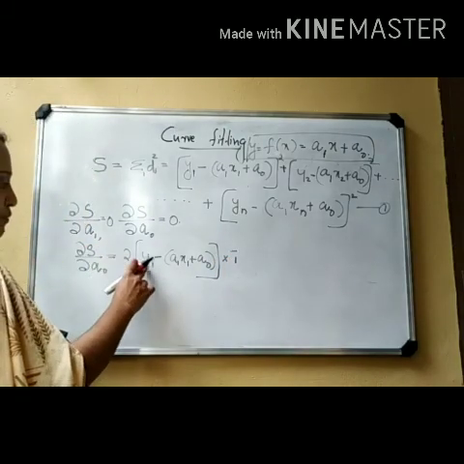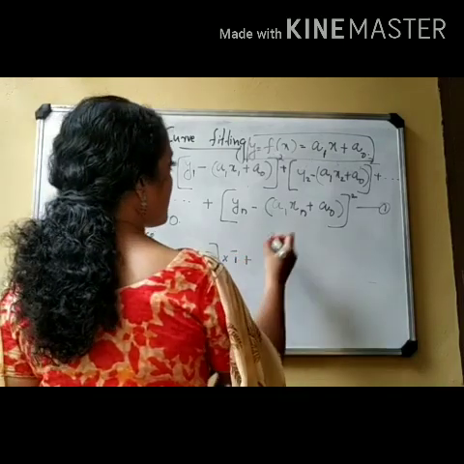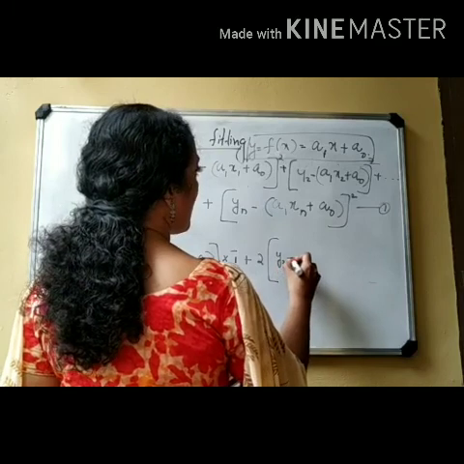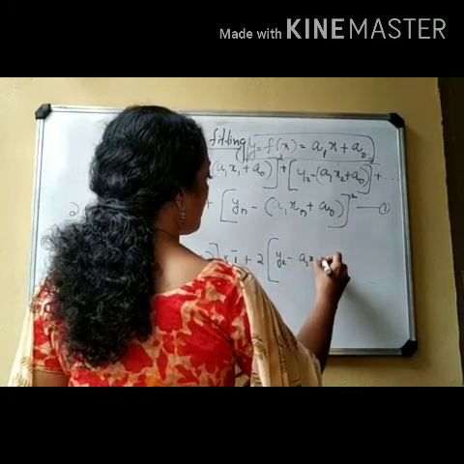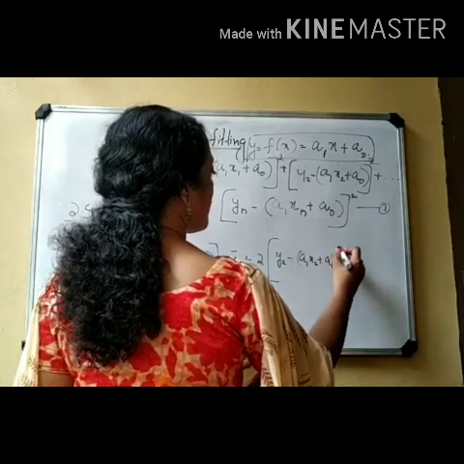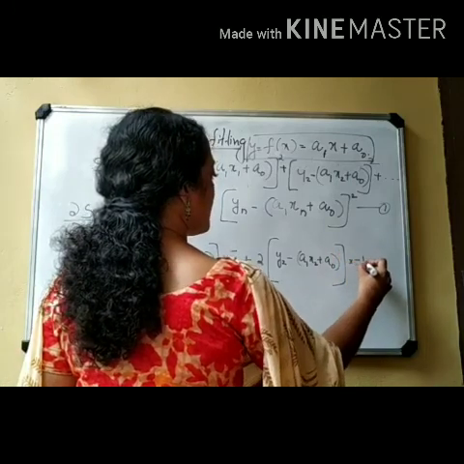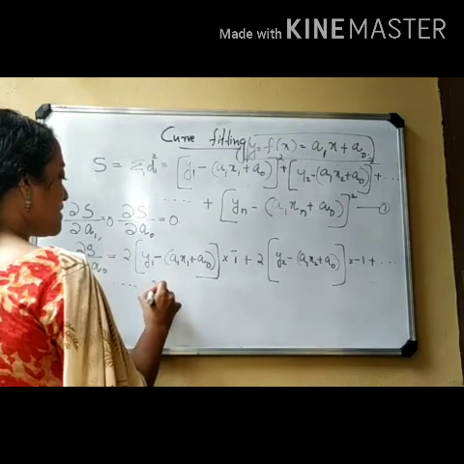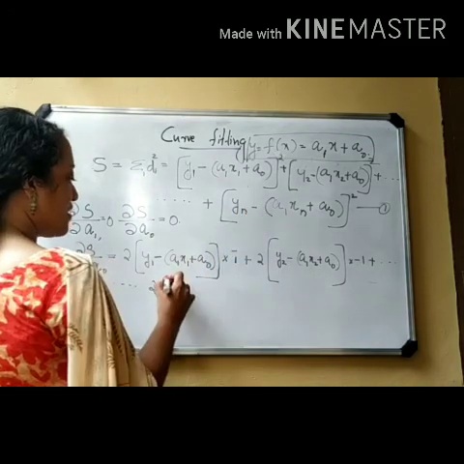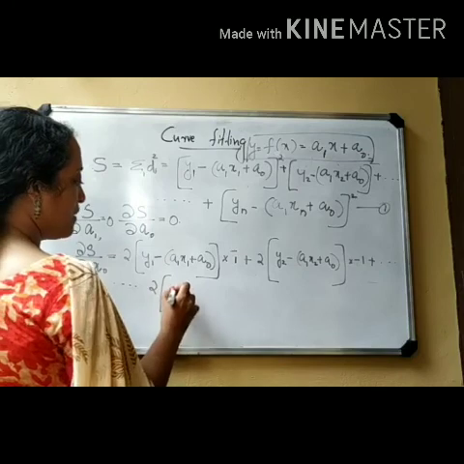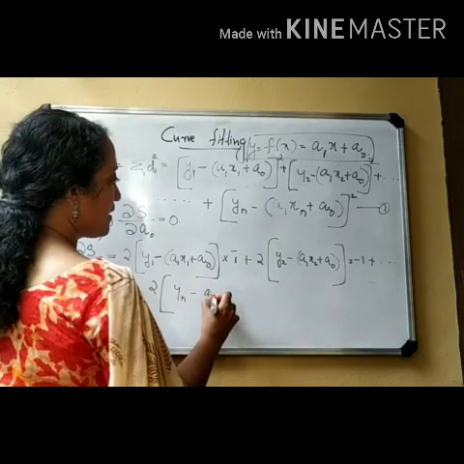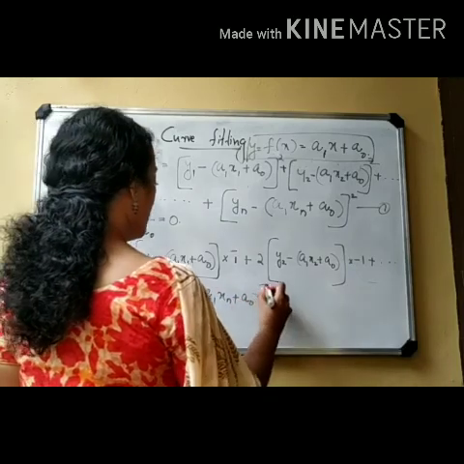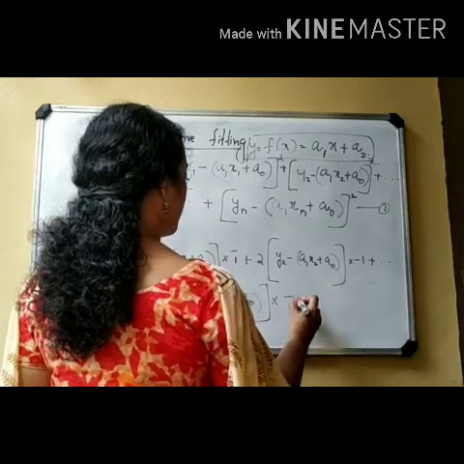Similarly, the next term, when we differentiate it, we get 2 times (y2 minus (a1 x2 plus a0)) into minus 1, plus etc. And our last term, when we differentiate it, we get 2 times (yn minus (a1 xn plus a0)) into minus 1.